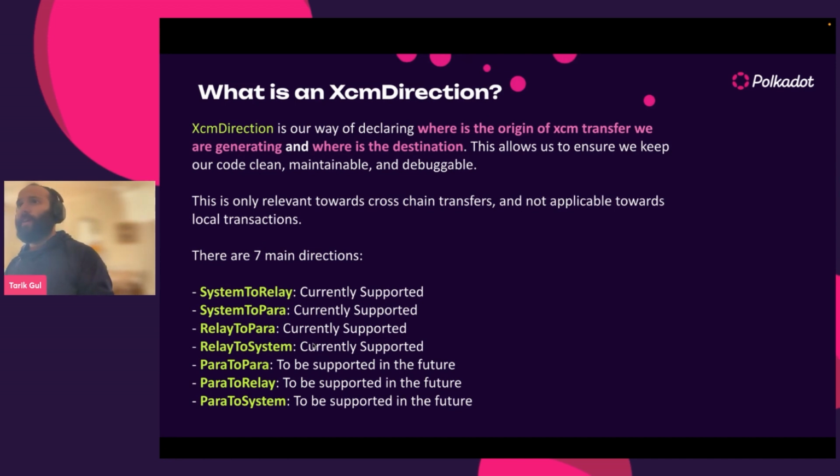As of today, there are 7 directions that need to be covered, but only 4 of them are fully supported and stable. System to relay chain or relay to system, so sending native tokens back and forth between a relay and a system parachain, then system to para, sending any tokens from a system parachain to a parachain, and then from a relay chain to a parachain. The 3 unsupported ones you see here are para to relay and para to system, and para to para.